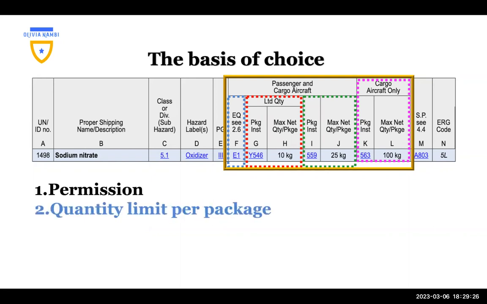So the second determinant is quantity limit per package. So the net quantity of a substance or an article can dictate which provision we must use when shipping that specific item. So if the quantity has exceeded that of accepted quantity, for example, the maximum for outer packaging specified under code E1 is 1 kilogram.